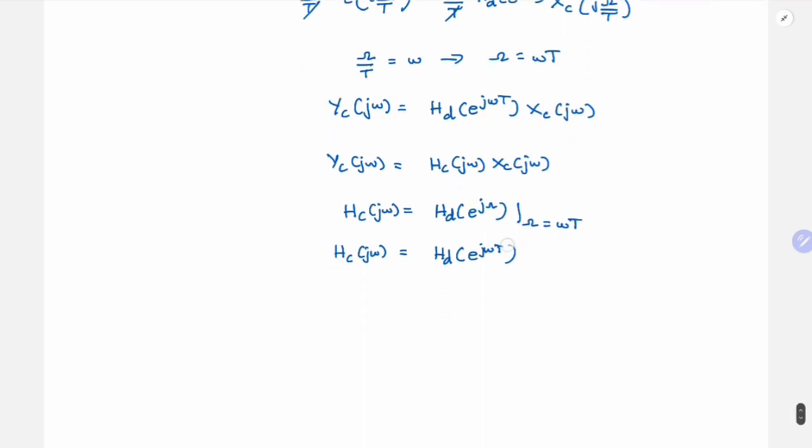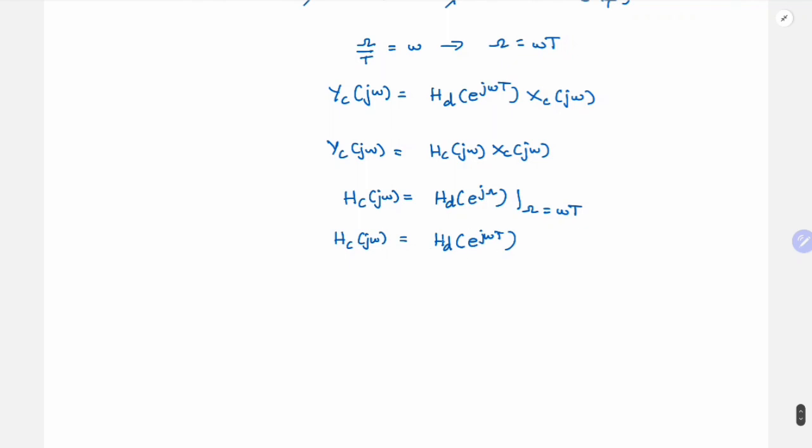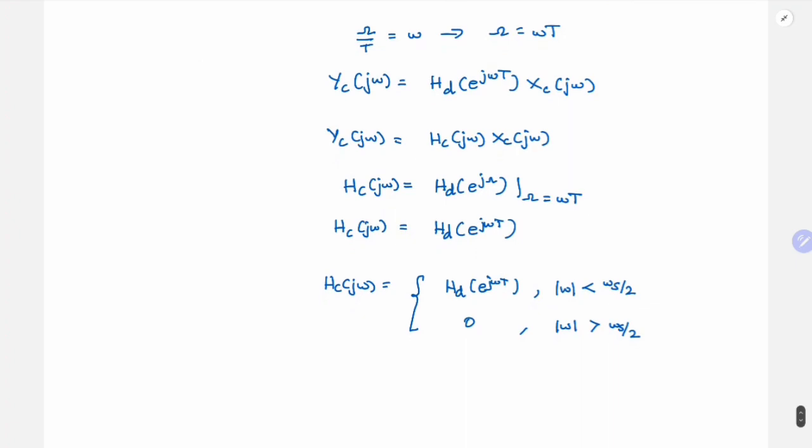To slightly constrain it, this is not valid everywhere, but only for Hd of e power j omega T where mod omega is less than omega s by 2. And it is 0 for mod omega greater than omega s by 2. So we see the ease of implementing the entire continuous time filter in the discrete time domain. That is why it is widely used.